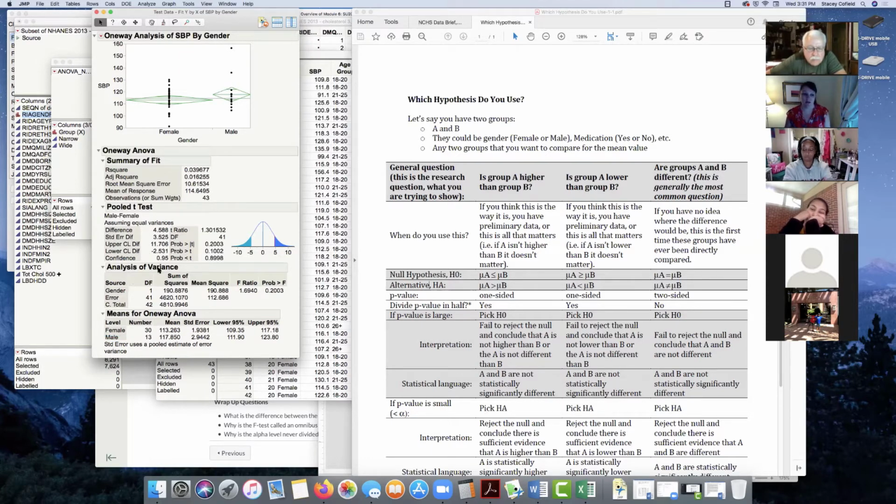The way that you can tell is here are my means, 117.8, 113.3. My difference here is 4.6. So that means it was 117.8 minus 113.26. Right? So it's giving me a positive difference. That means it's looking at males minus females.